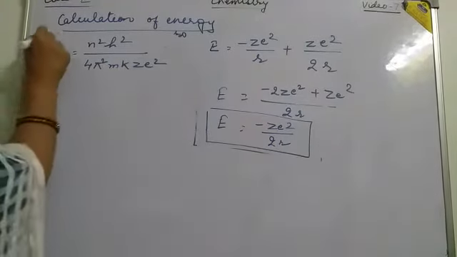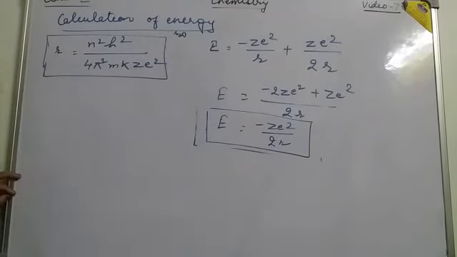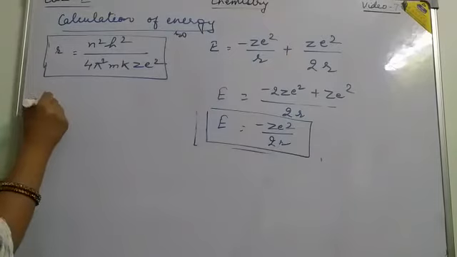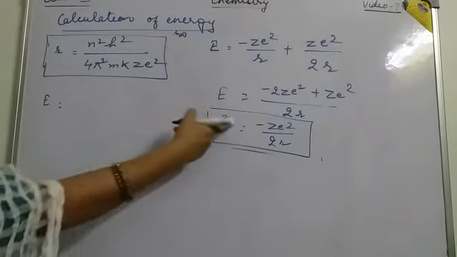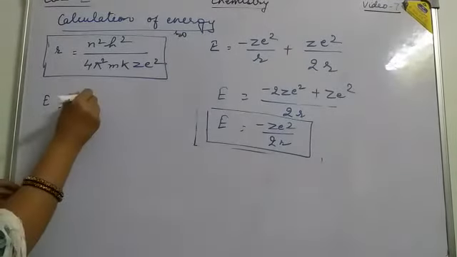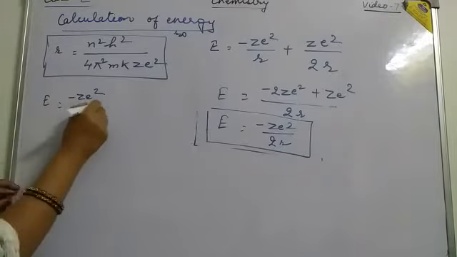You must always remember the radius calculation to calculate the energy or different things. E equal to minus Z square e square by 2 R.